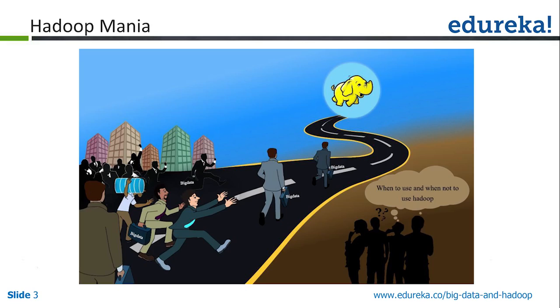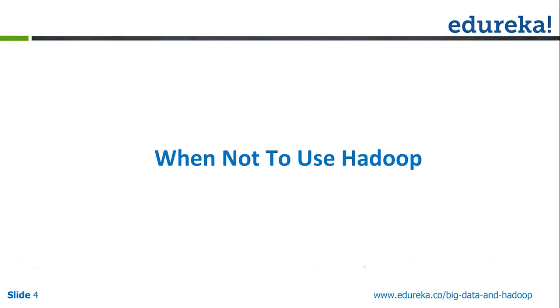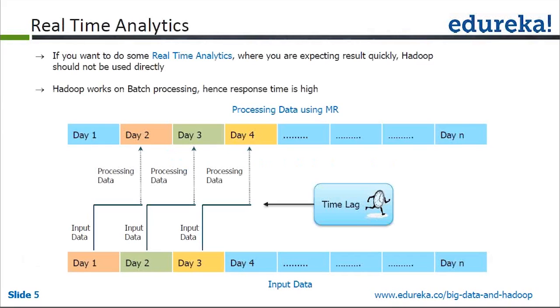So let's consider scenarios where we cannot use Hadoop, for example real-time analytics. Hadoop technically works toward batch job processing of data. A batch job is something which occurs on a batch of files.